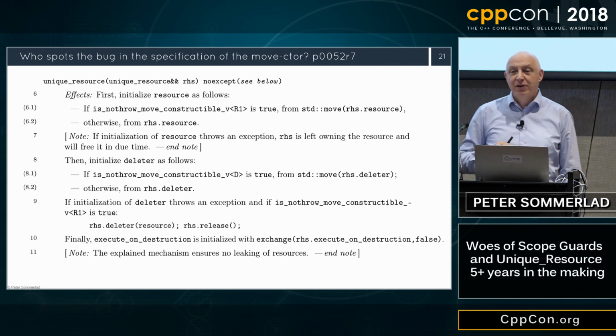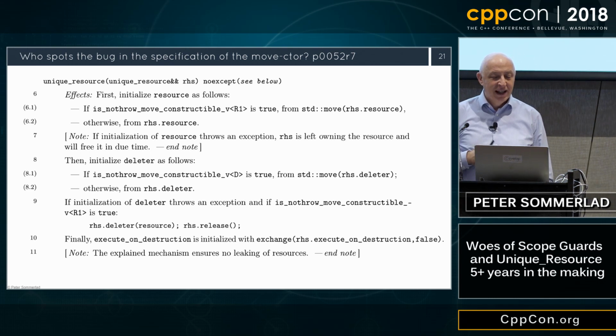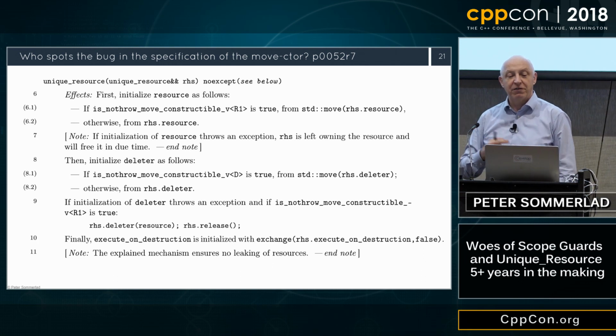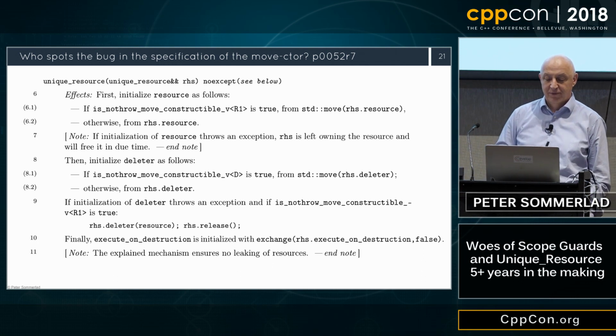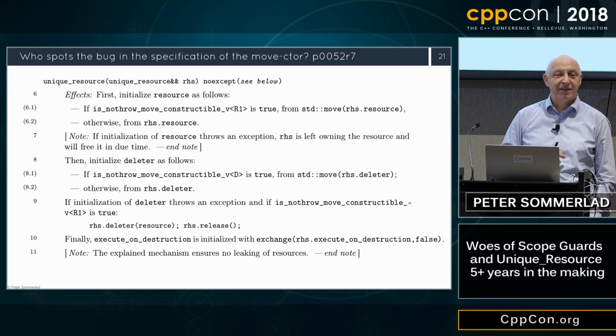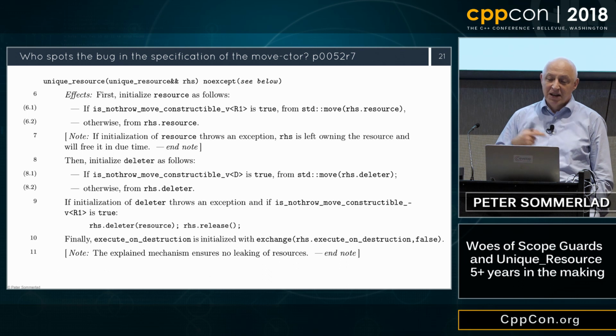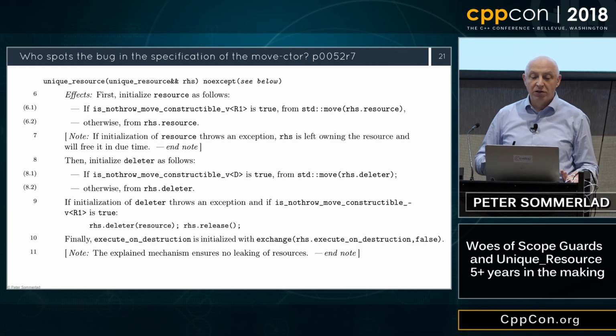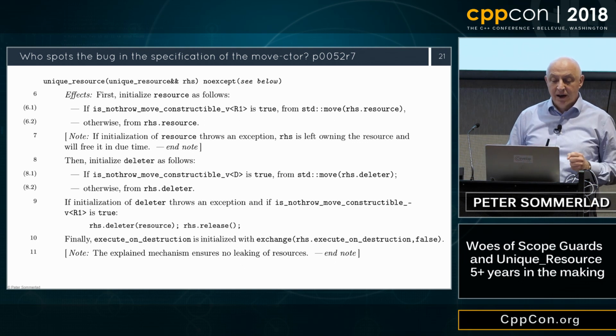Now, I promised you the bug in the specification. That's the specification of the move constructor. We just have seen move assignment of a unique resource. And who finds the bug? It's, again, the same trick. If something is move constructible without throwing an exception, we do the move. Otherwise, we copy.